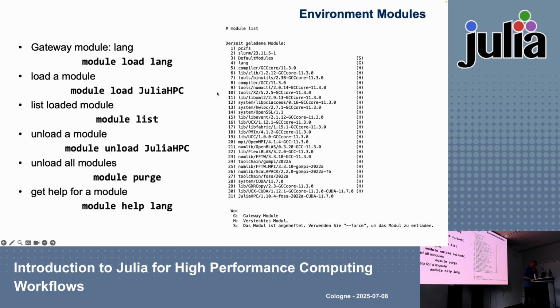For example, you can say module load lang, and then it will make this lang group of modules available. And then you can say module load julia/HPC, and then it will load the specific Julia HPC version and all of the dependent modules.